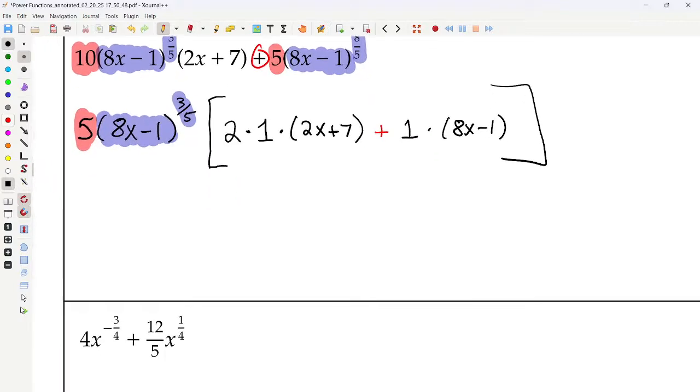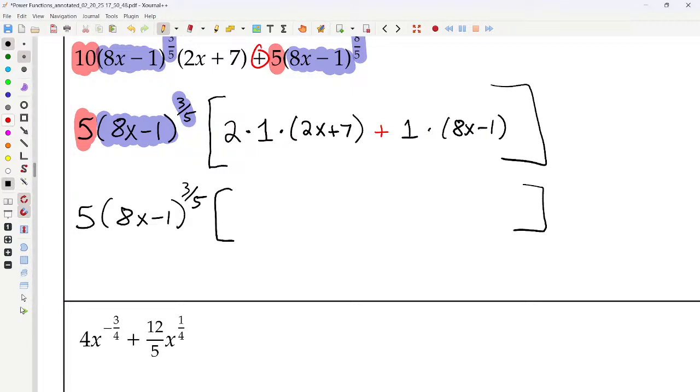We can clean some stuff up. Leave your GCF out front. Let's focus on what's going on inside here. This is 2, which we're going to distribute into this binomial.